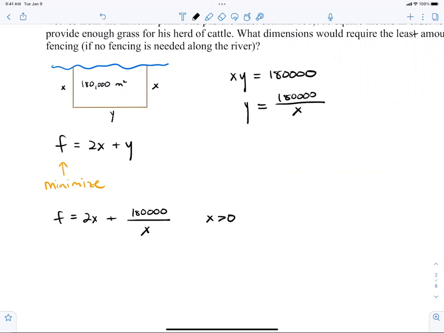I'm not even going to try to come up with an upper value for X. So we can just say that F is defined on the interval X greater than 0. So we're going to have to use the first derivative test again, or you can use the second derivative test. Up to you. I'm going to use the first derivative test.